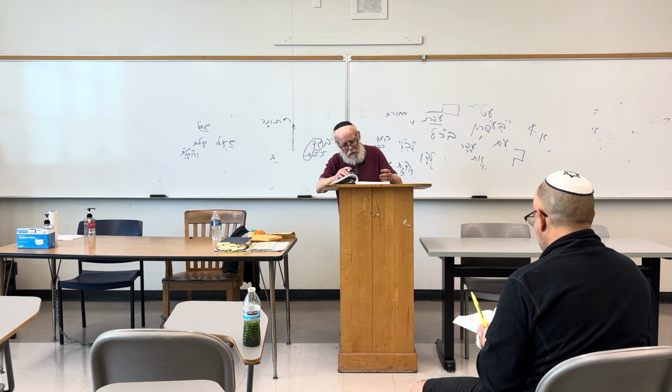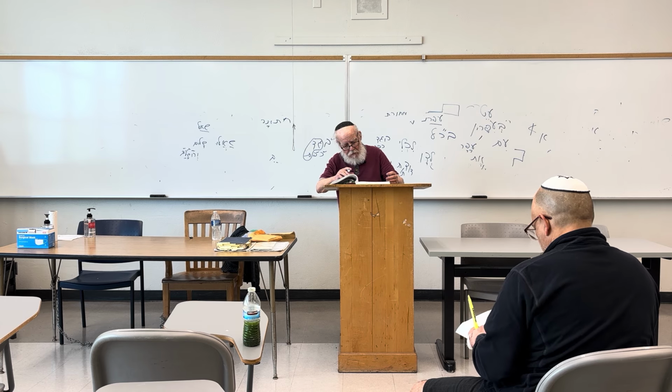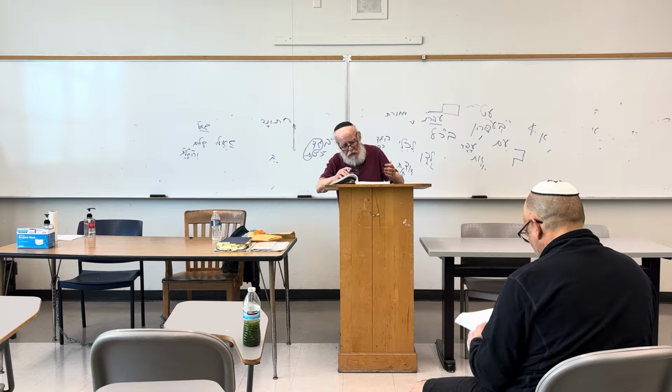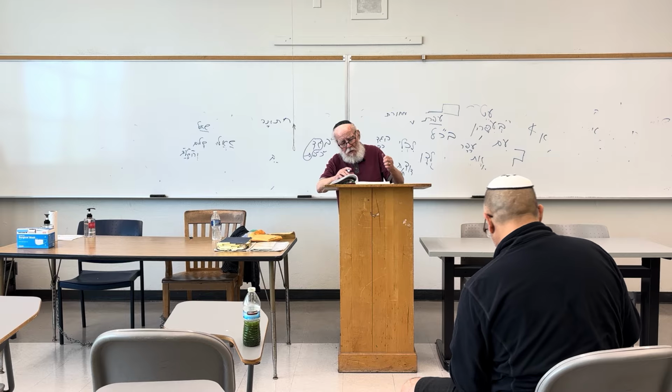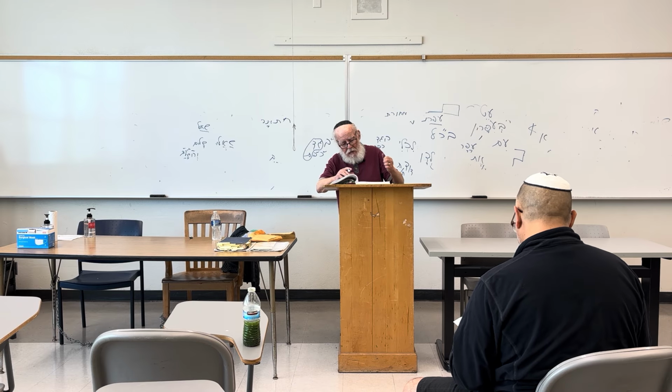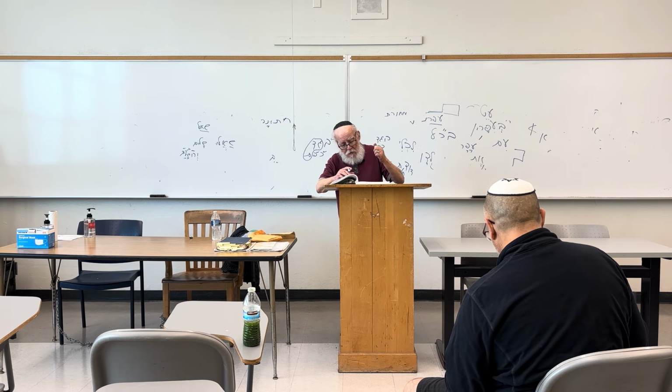Take a look at the 4 examples at the bottom of page 133. Universitah is a university. Ha universitah is the university. The hey is pointed with a kamatz. The original letter cannot be doubled, so the hey's patach becomes a kamatz. We know that. I want to say in the university.